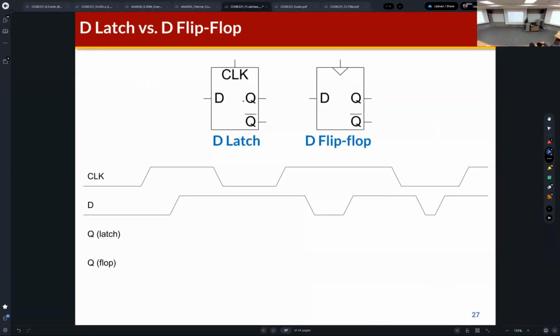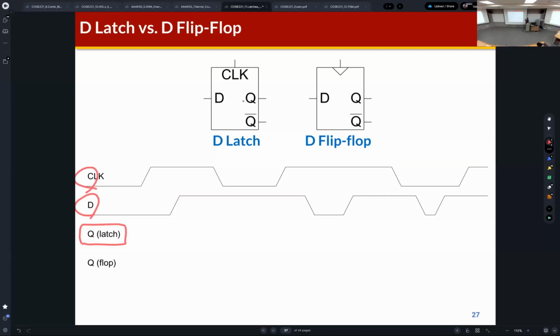So let's see the waveform of the latch and the D flip-flop. I just explained that you need to understand the behavior and differences between the latch and the D flip-flop. This is the clock signal, this is D, and the first row of this waveform is Q, the output of the latch.